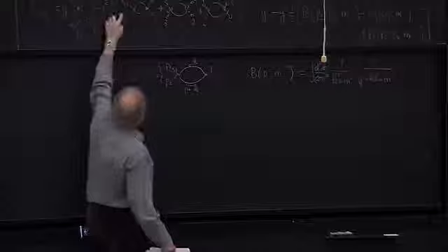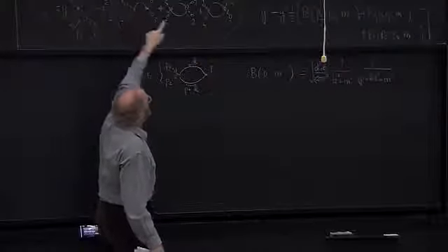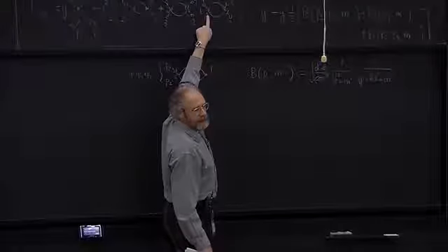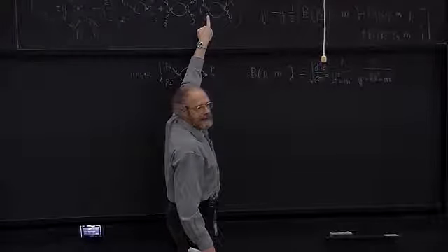So that's why this is a function of P1 plus P2, this is a function of P1 plus P3, and this is a function of P1 plus P4. Is it clear? Okay.